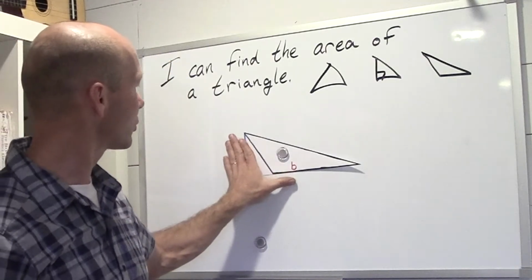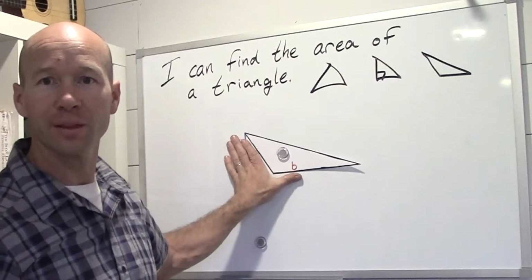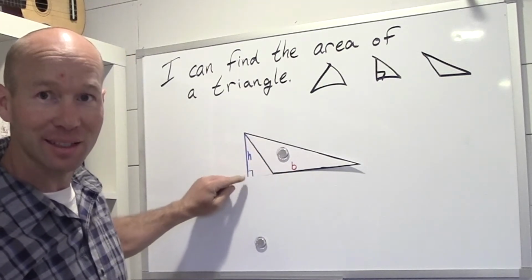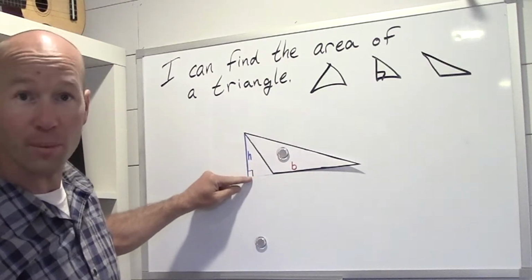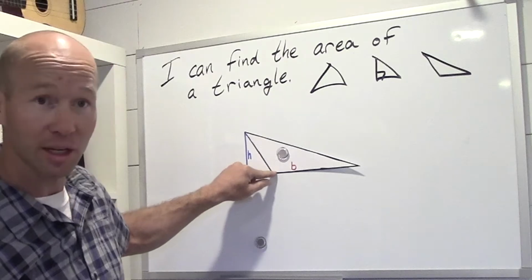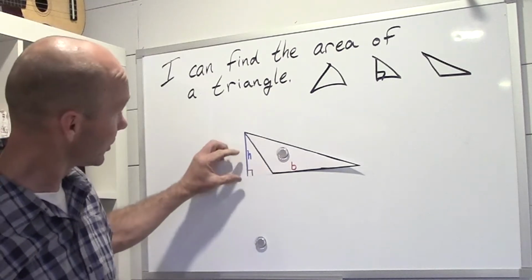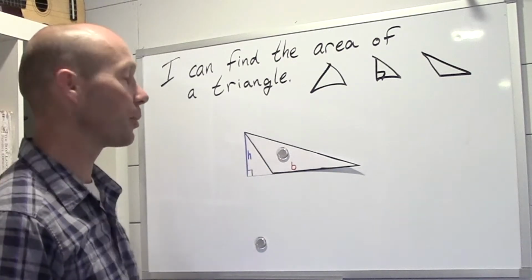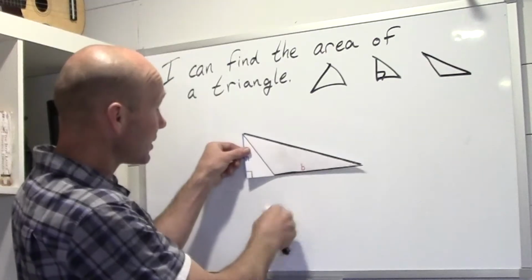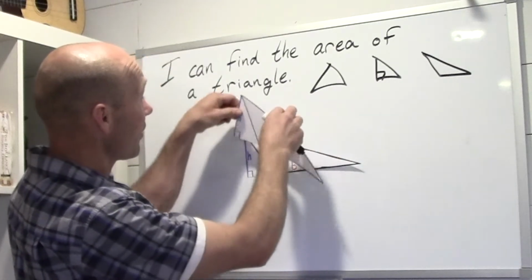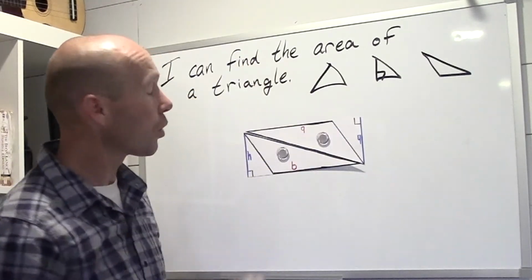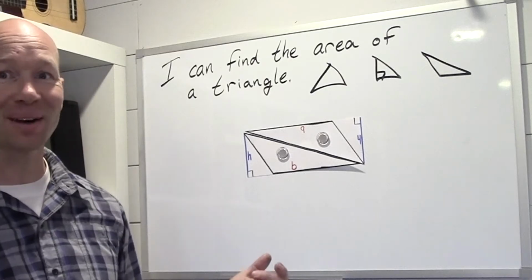Now, this triangle is cut off right there. That is our triangle there. Our height is the distance from the right angle to the top, but it's not actually even touching the bottom of this triangle. It's down here. If we copy this triangle, and I take that second triangle and flip it over, what do I get? That's right.